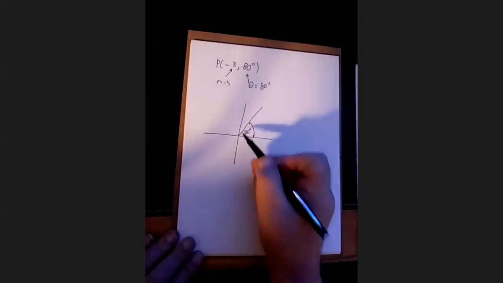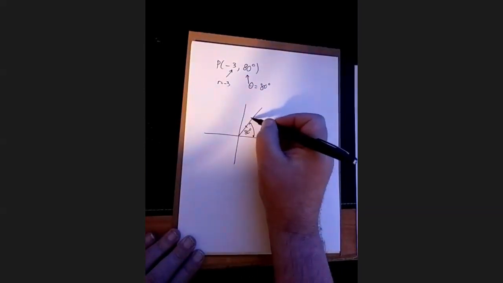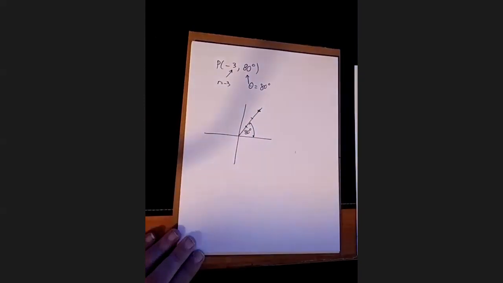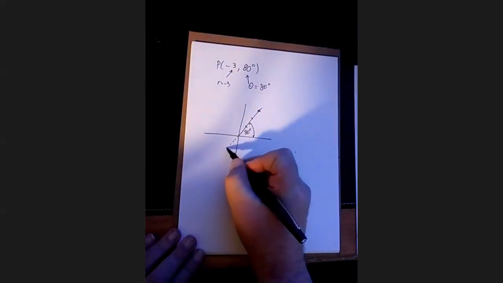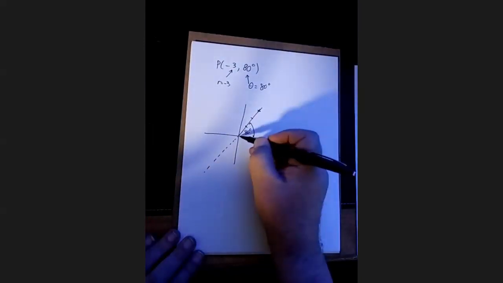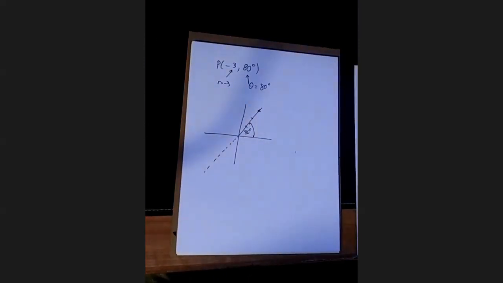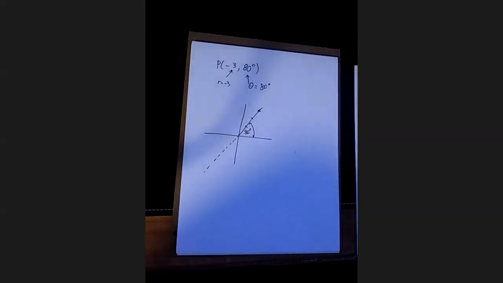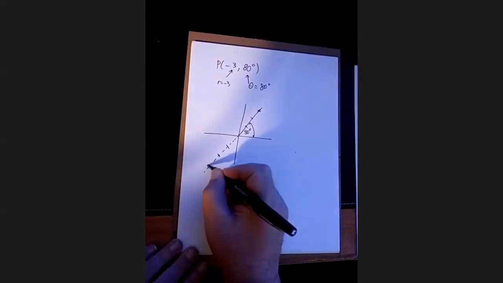Now if r was 3, wouldn't you just go 1, 2, 3 and you'd finish there? But it's negative 3. So instead of going in the direction of 80 degrees, negative 3 says, go 3 units, but not along the 80 degree one, kind of walk backwards 3. 1, 2, 3.